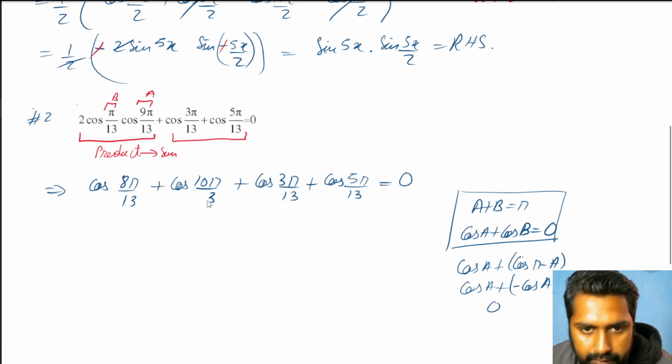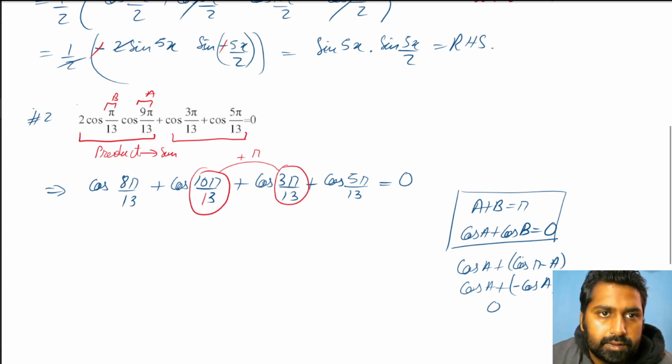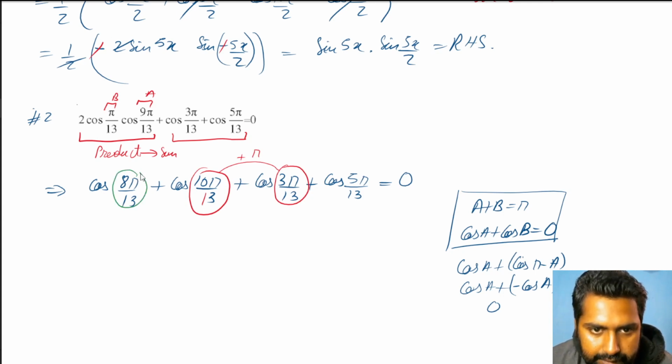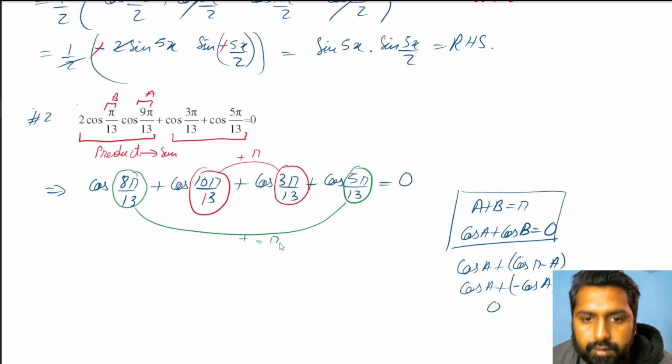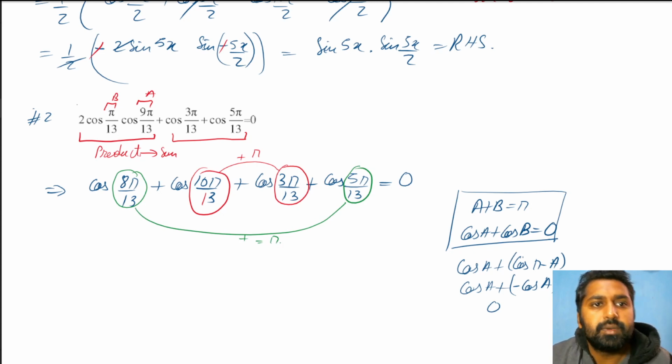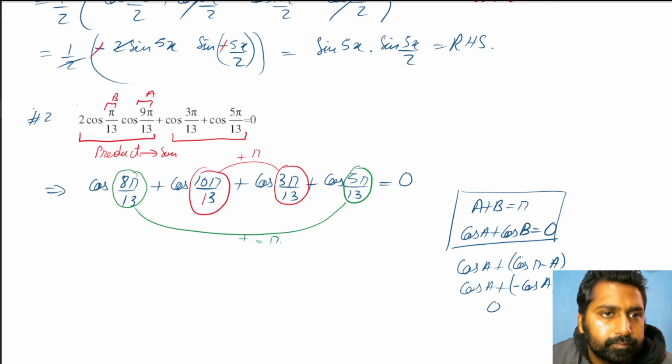Look at this, this is 13. Look at these two angles: their addition is pi. Same with this one. Look at these two angles, 8 pi by 13 and 5 pi by 13. If you add them, their addition is pi. If their addition is pi, the sum of their cos must be 0.